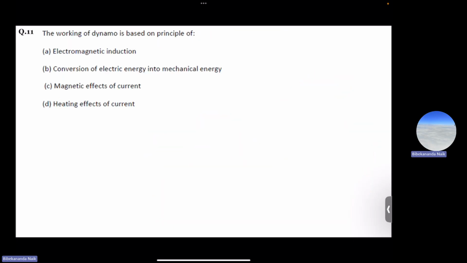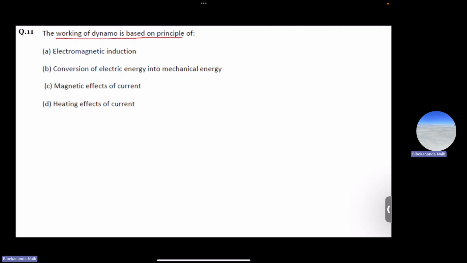Now we move to question number 11, which is the last question of today's interaction session. The working of dynamo is based on the principle of: option A, electromagnetic induction; option B, conversion of electric energy into mechanical energy; option C, magnetic effects of current; and option D, heating effects of current.